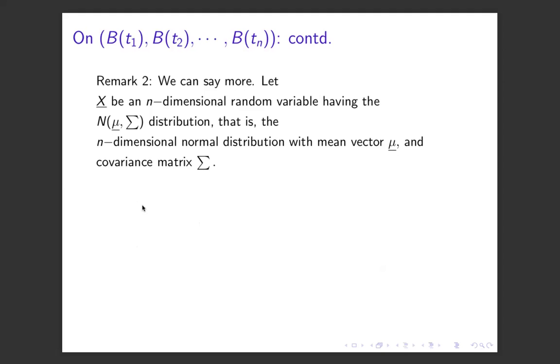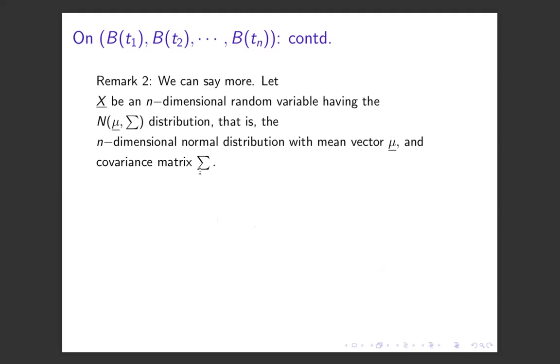Mu bar here is mu1, mu2, ..., mu-n, where mu-i is the expectation of the ith component, Xi. And since you have more than one random variable, not only variances but covariances also come into the picture. So you can form the matrix of the covariances, and the covariance includes variance. That is called the covariance matrix.